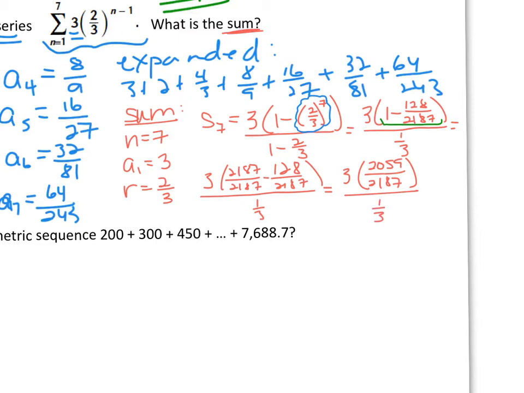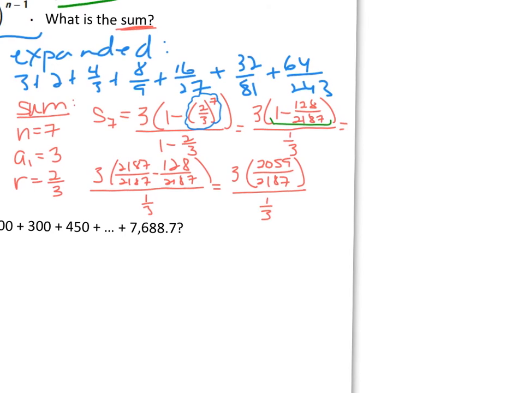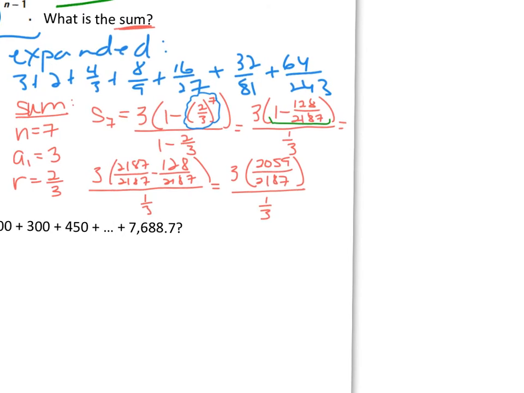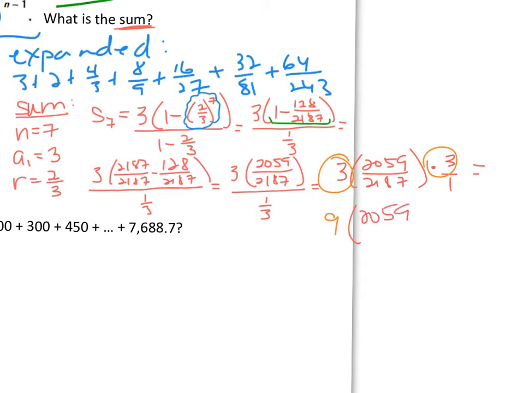Well, instead of dividing by 1/3, let's multiply by the reciprocal. We'll do the keep, switch, flip rule here. I know, this takes quite a bit of time, doesn't it? So we do 3 times 2059 over 2187, and then instead of divided by 1/3, we'll do times 3 over 1. The 3's on the outside give us 9. That would be 9 times 2059 over 2187.